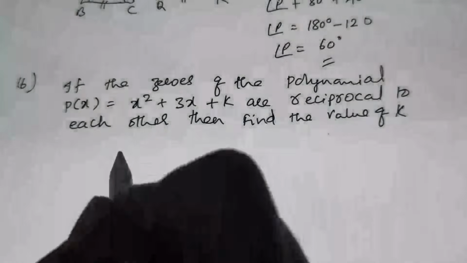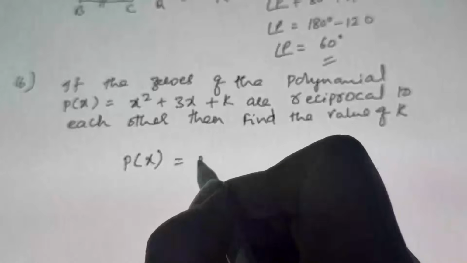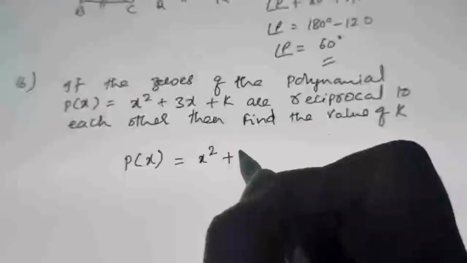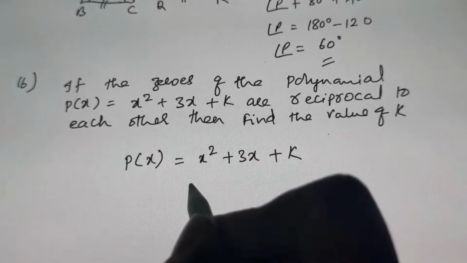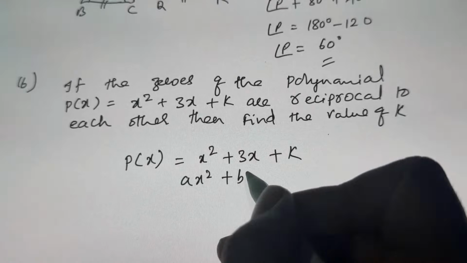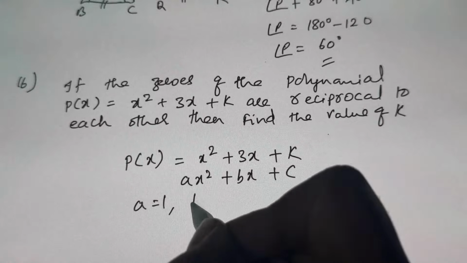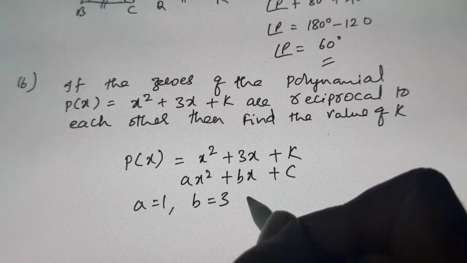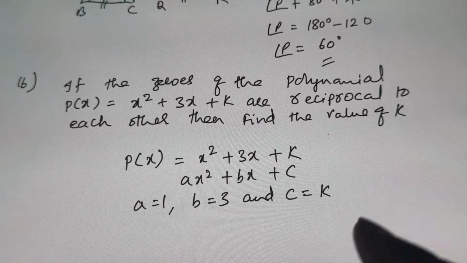The given polynomial we have is p of x equals x square plus 3x plus k. Comparing with the given equation ax square plus bx plus c, we find a equals 1, b equals 3 and c equals k.